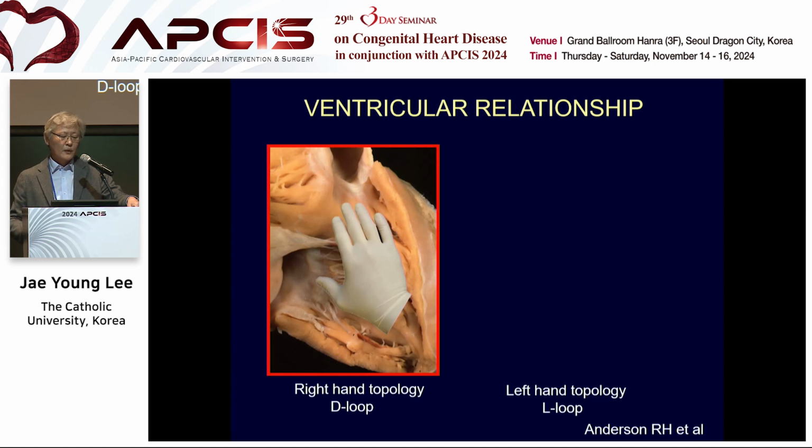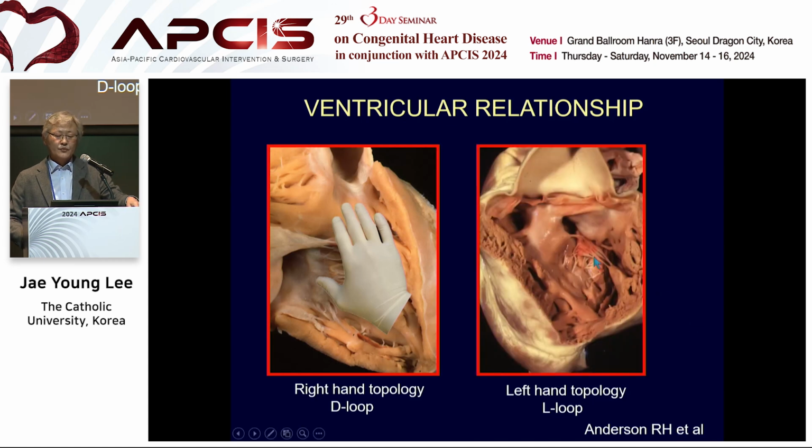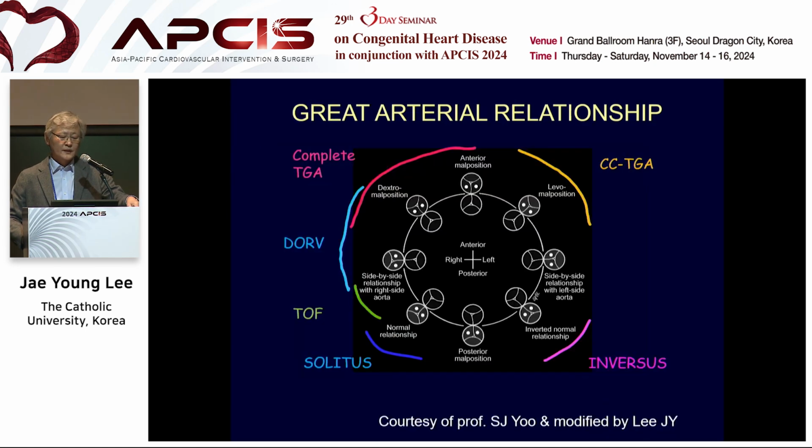This is right hand topology, that is D loop, the usual ventricular relationship. But in this case, AV valve, outflow tract, septal surface, we can only fit with the left hand. So this is left hand topology, L loop, as in congenitally corrected TGA.